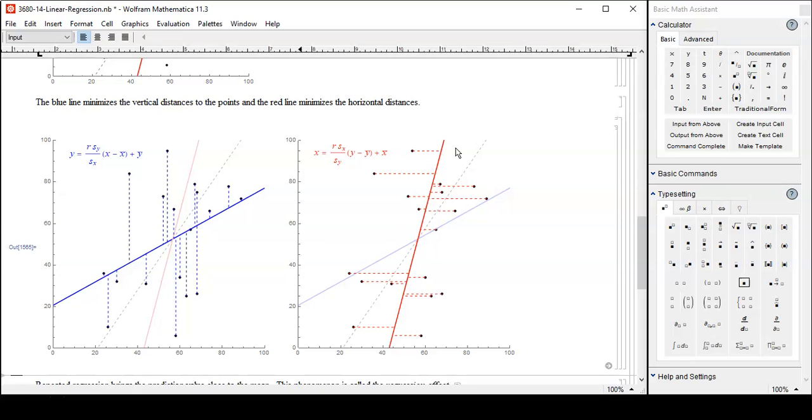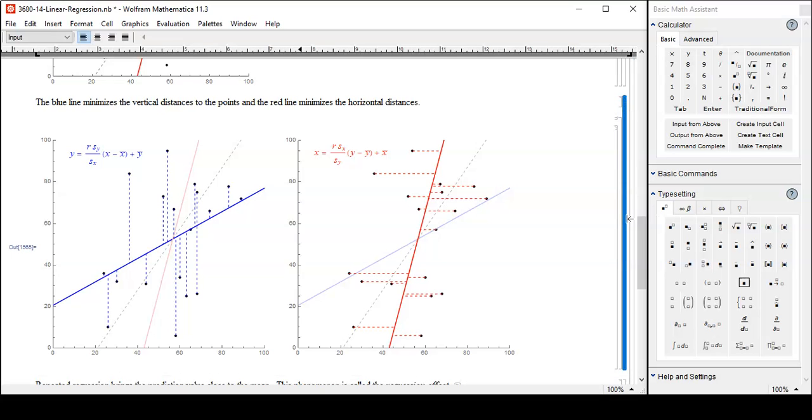But for the other, we are minimizing these horizontal distances, because given Y, I'm predicting X, and this is the observed X. So horizontal distance is the regression error. Instead of switching X and Y and using the same formula, we just keep X and Y and change the geometry. Some textbook authors do it this way. I don't.